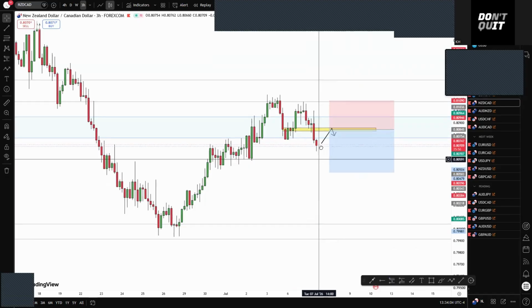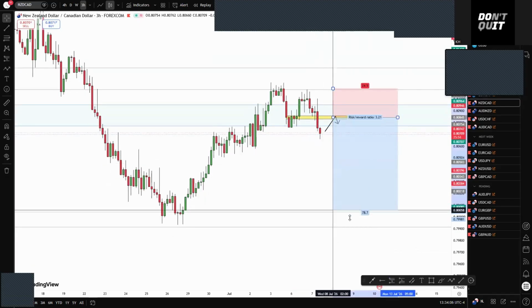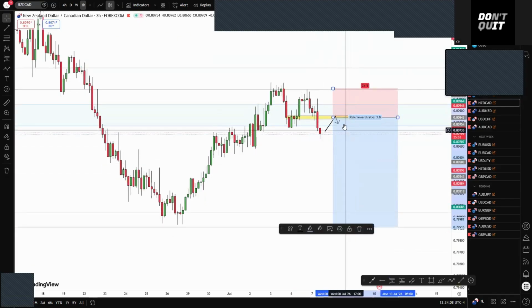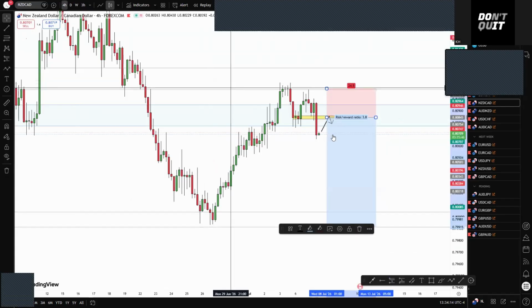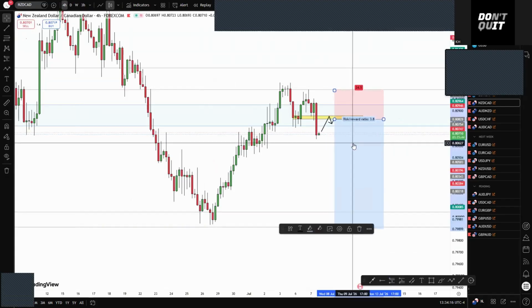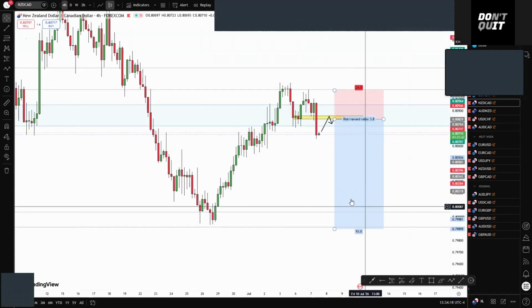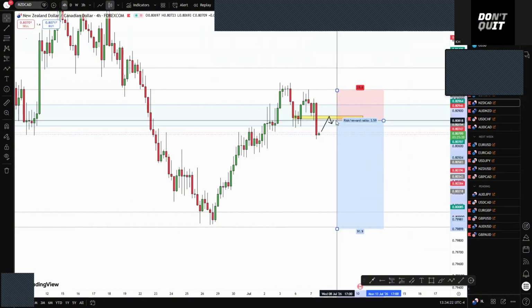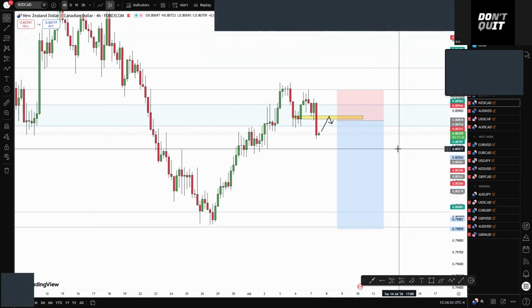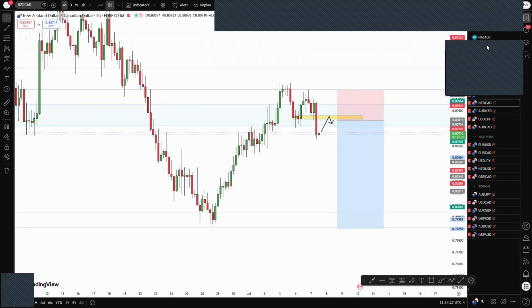So the risk reward is not making sense to me, and that's one reason I might not take this trade. But we'll see. Who knows how the engulfing will look.